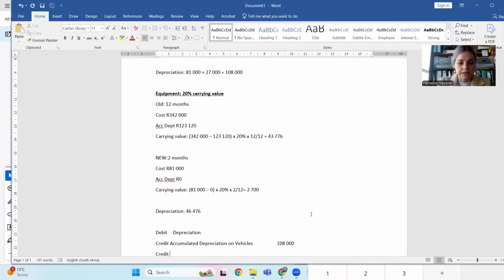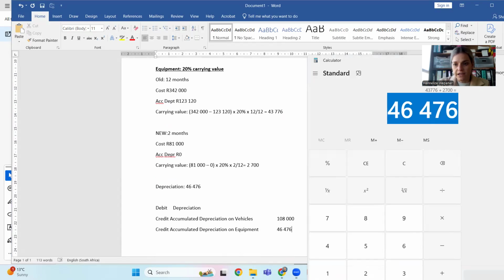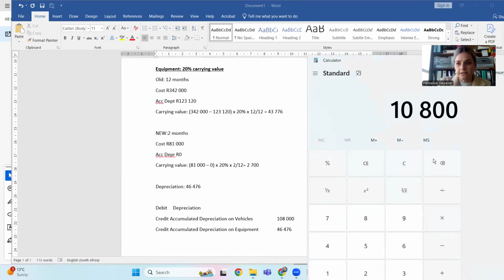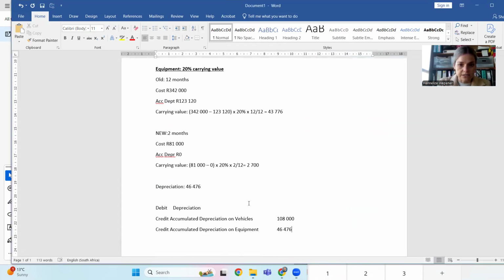And then with the accumulated depreciation on equipment. And that is 46,476. So with the total of that, so I have 108 plus 46, so 154,476 that I'm debiting my depreciation with. So this is my expense, and then my credits will go to the individual accumulated depreciation accounts.